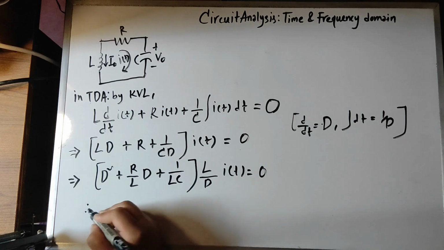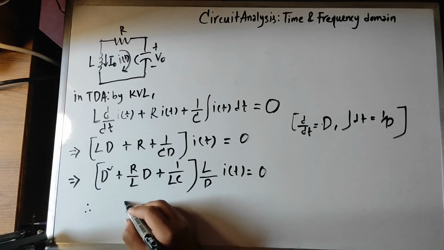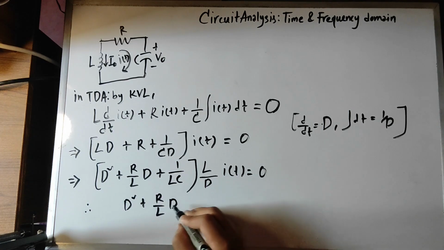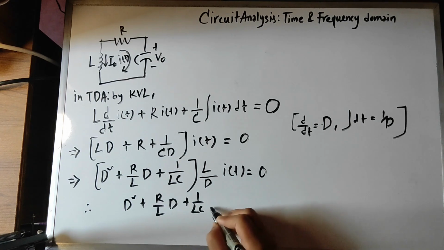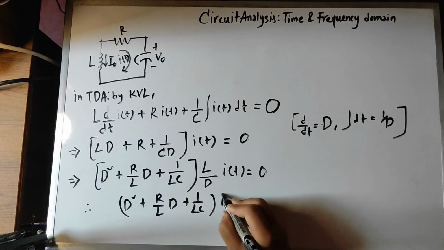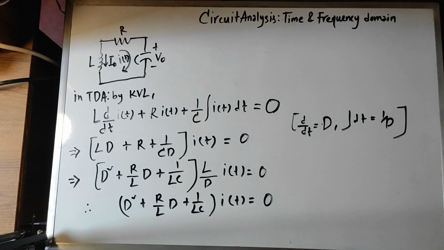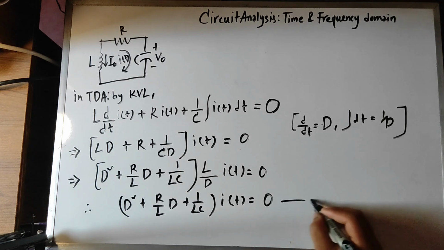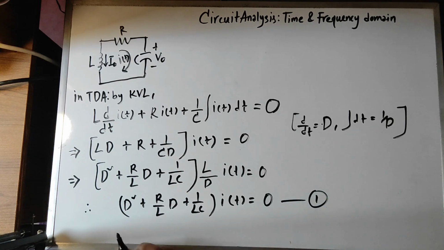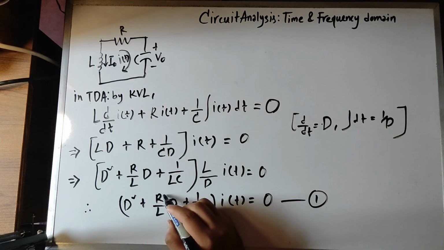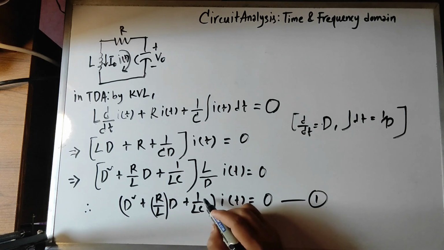Now we are left with D square plus R by L D plus 1 by LC, times the loop current, equals 0. This is the second order linear differential equation with constant coefficients. R, L and C are the constant coefficients.